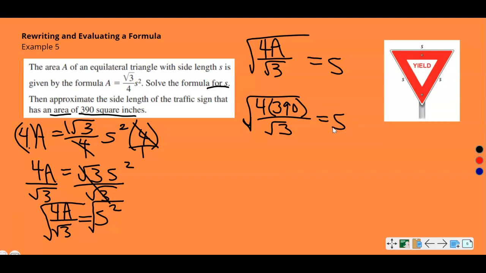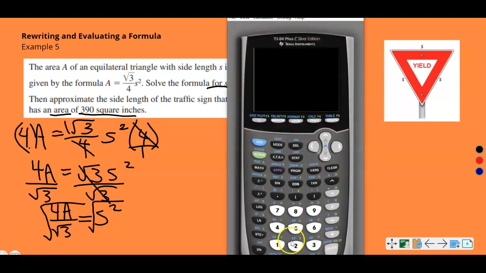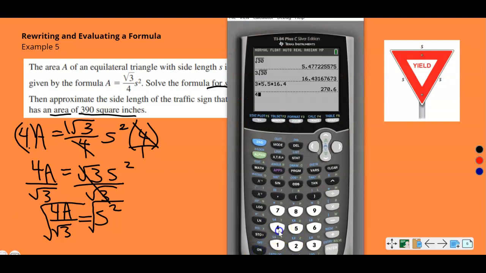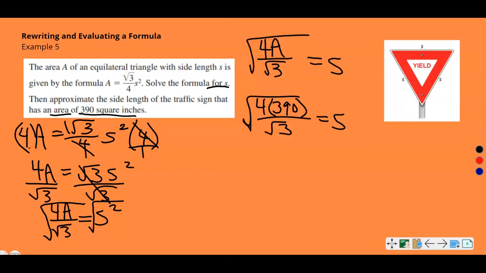We're going to use our calculator to figure this out. What is 4 times 390? That gives us 1560. And that's over the square root of 3.